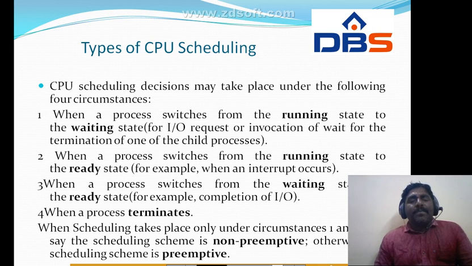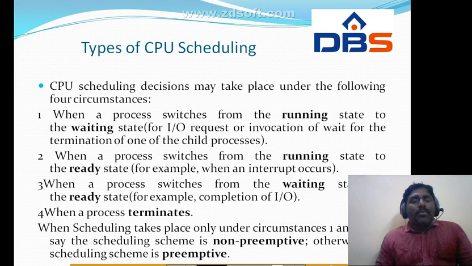So definitely we have to give a chance to the ready process. So the process which is in the running state will move to the ready state. That means it switches from the running state to the ready state. Why? Because there is an interrupt here. Interrupt in the sense, a process with the highest priority. This is one case.